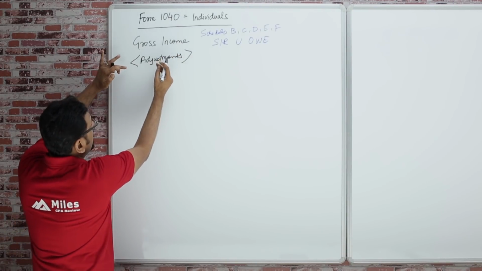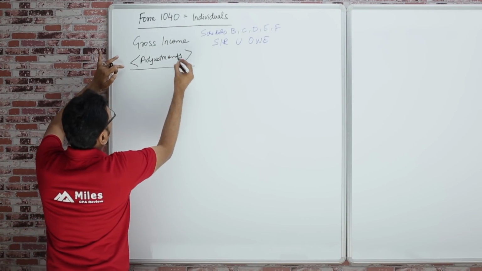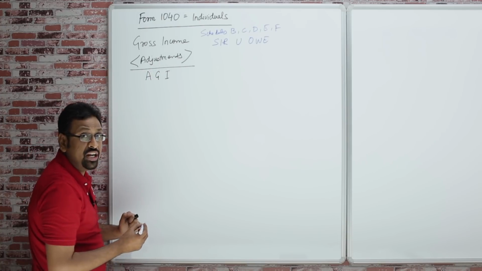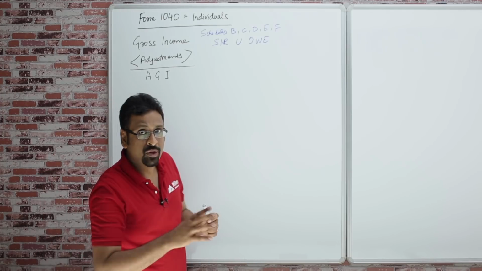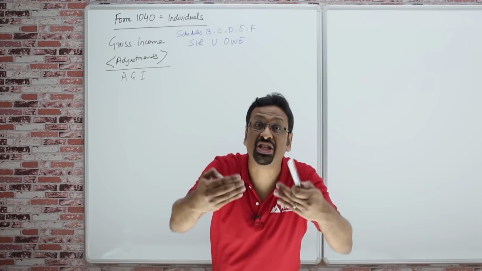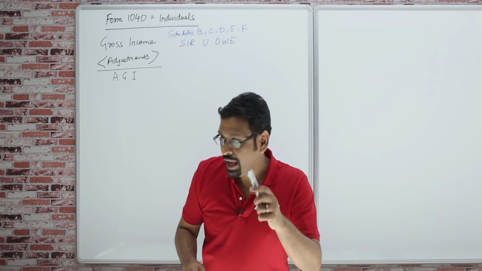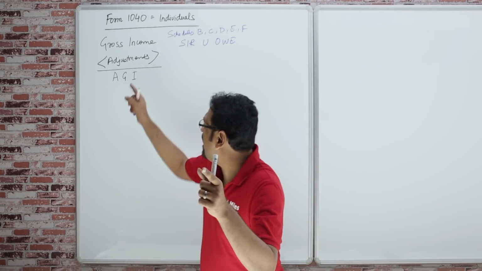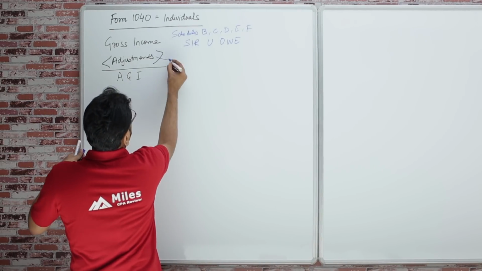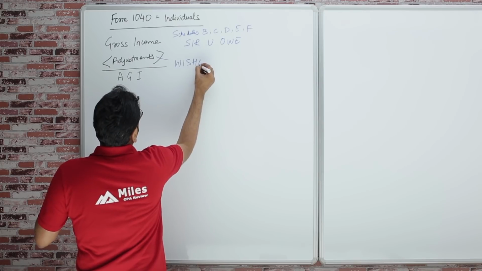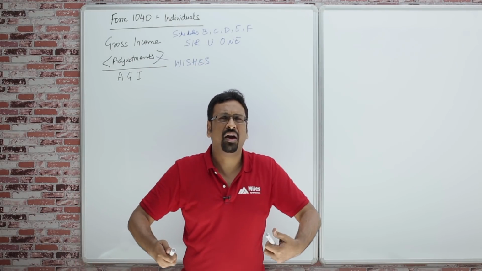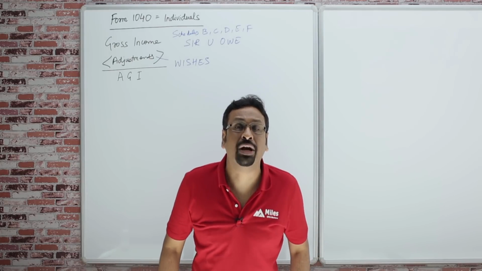So these are some deductions which help you get to your AGI, or adjusted gross income. So guys, gross income less adjustments gives the adjusted gross income. And for these adjustments, your mnemonic is WISHES. So these are the wishes that Uncle Sam grants to all individual taxpayers.